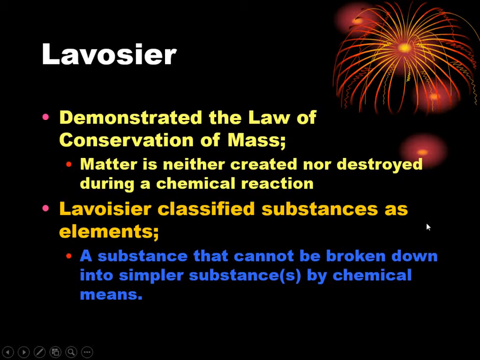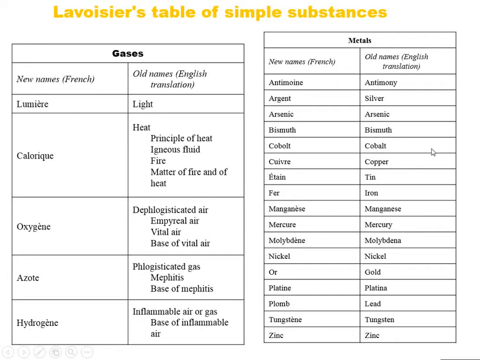And he said that certain substances are elements, a substance that cannot be broken down into simpler substances by chemical means. So you can't break them down any further. So in his time, he found some simple substances which he considered elements.